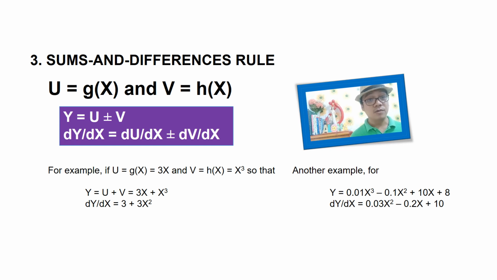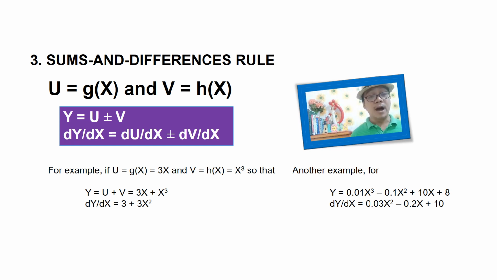Since du over dx is equal to 3 and dv over dx equals 3x squared by the power function rule, the derivative of the total function dy dx is equal to the derivative of the sum of its parts, 3 plus 3x squared.